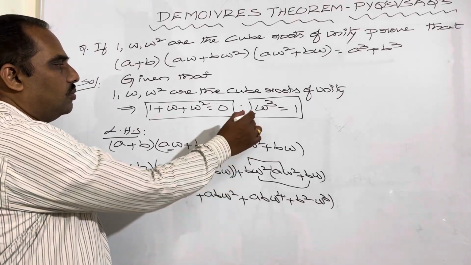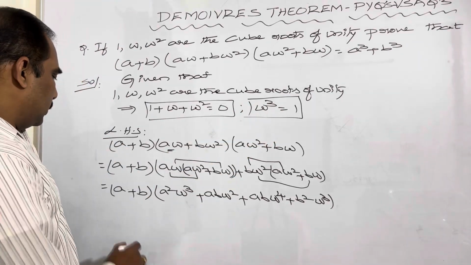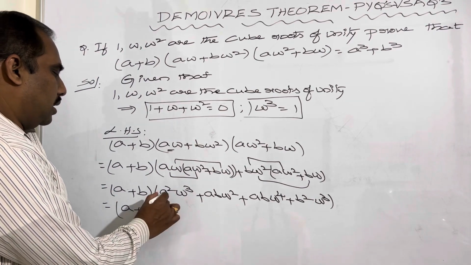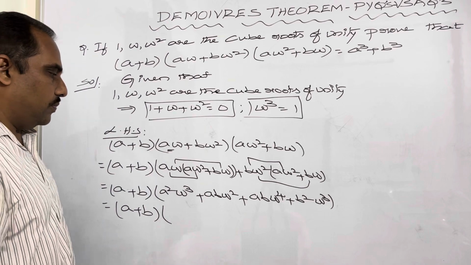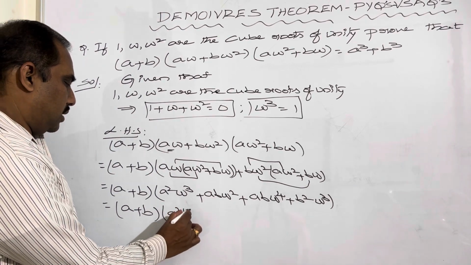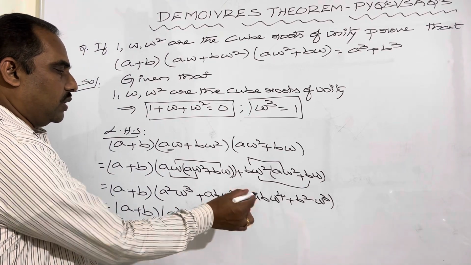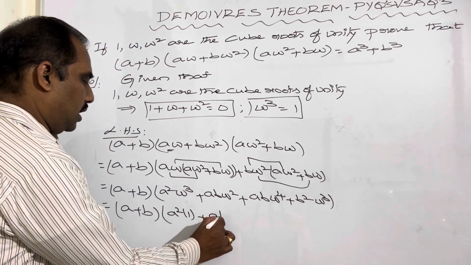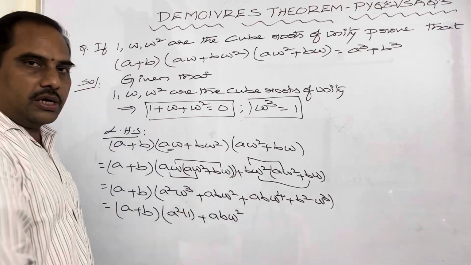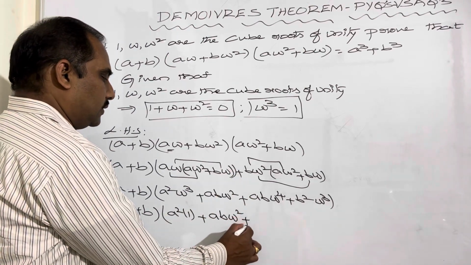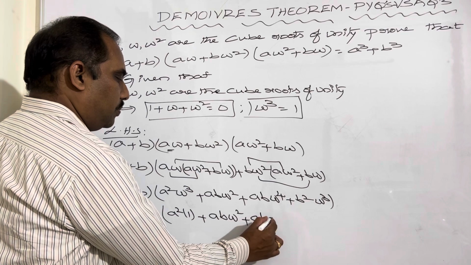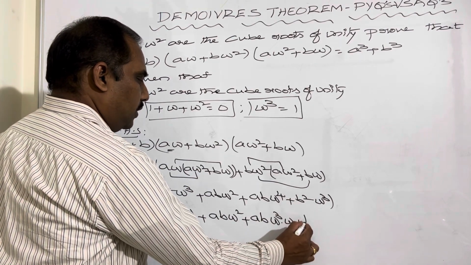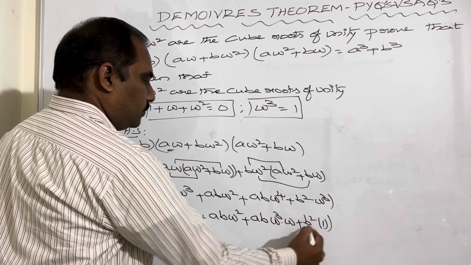Now we know that omega cube is equal to 1. So a square omega cube is a square into 1, plus ab omega square, and ab omega power 4, which we write as omega cube into omega.